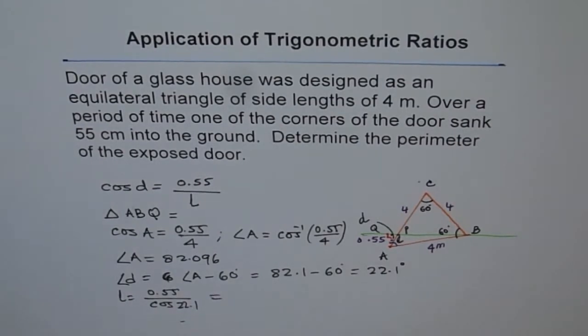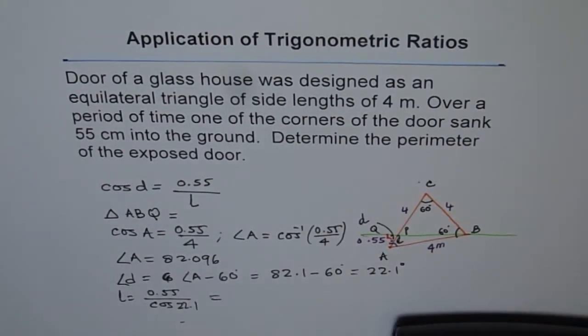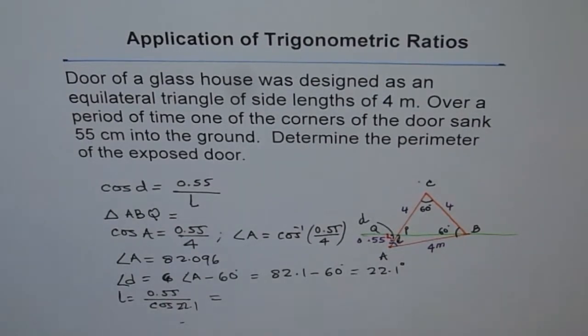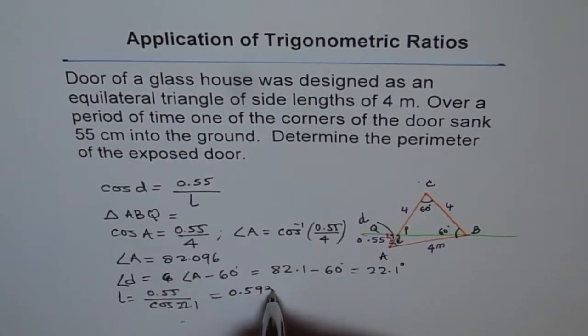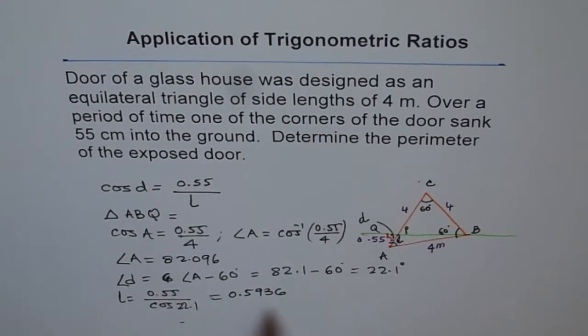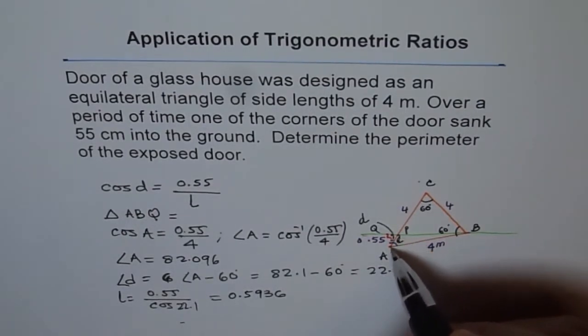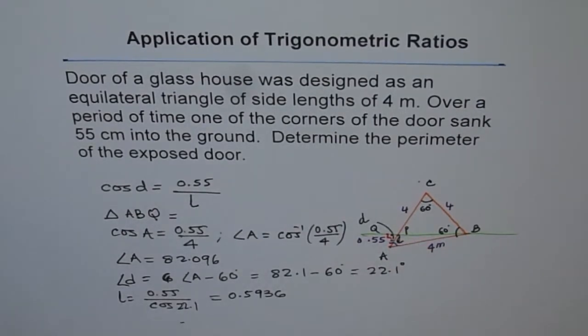We can calculate this using the calculator: 0.55 divided by cos of 22.1, which is 0.5936. So that is this length, about 0.59.